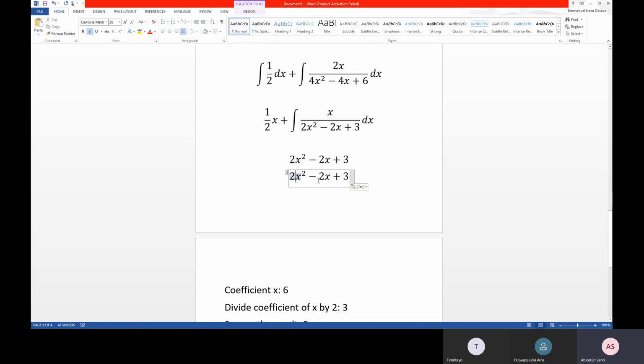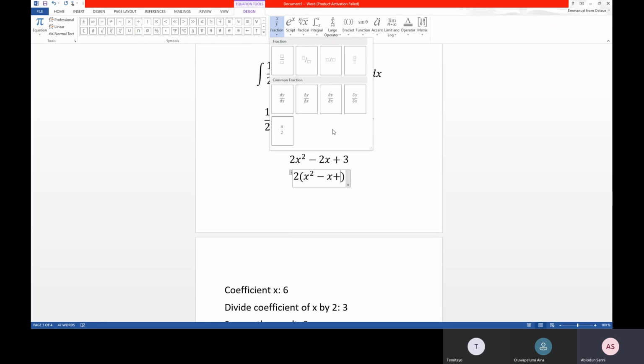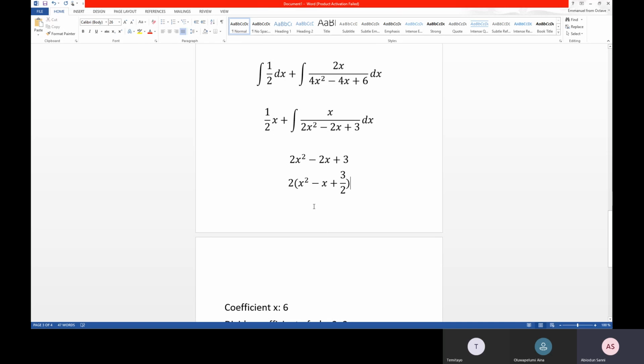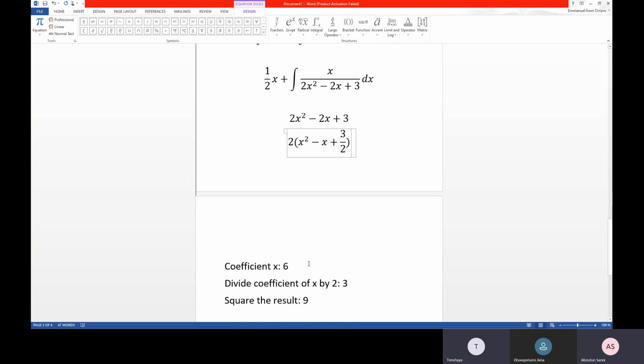Yes. So that will be 2 into bracket x squared minus x, plus 3 over 2. So I have to put 3 over 2 there. Now we want to complete the square of the expression inside the bracket.